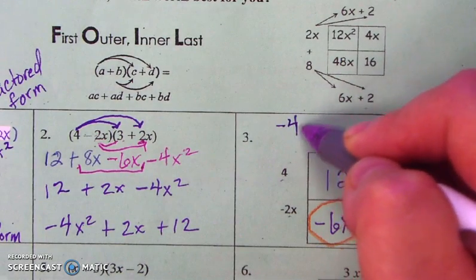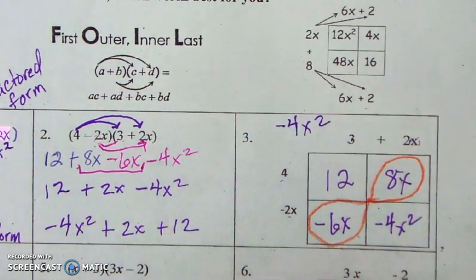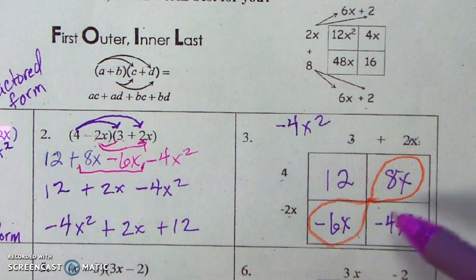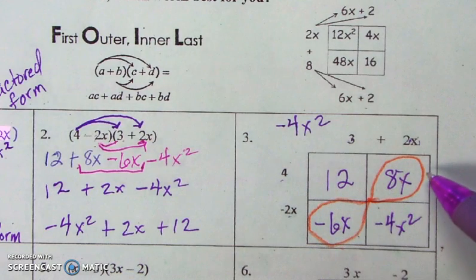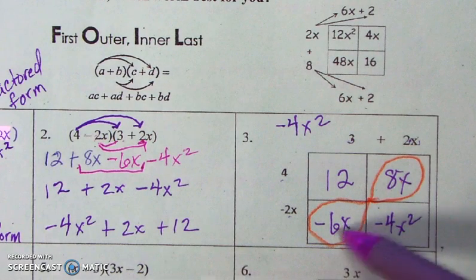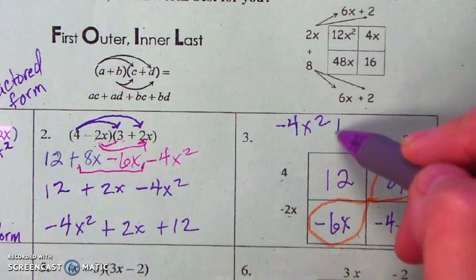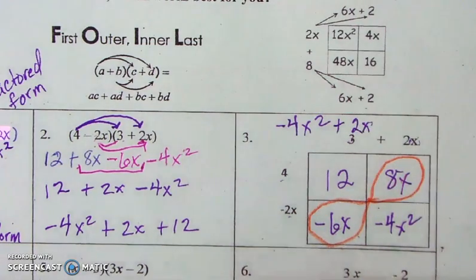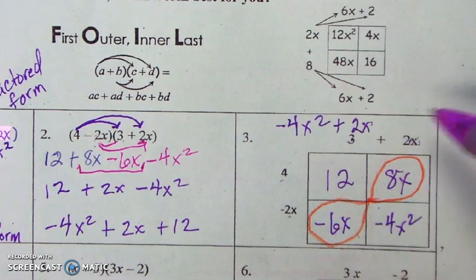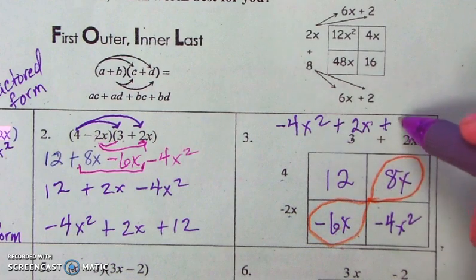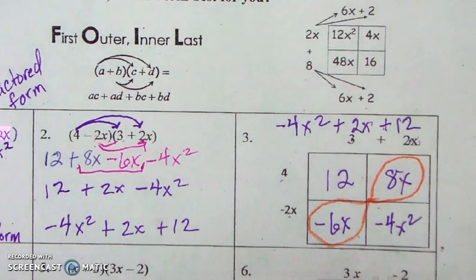Negative 4x squared. Now, what am I going to take out next? Because I can look at this and I can combine those, I can just look and go 8 minus 6. So when I take it out, I'm already going to have plus 2x. And then the last one I'm taking out of the box is the 12.